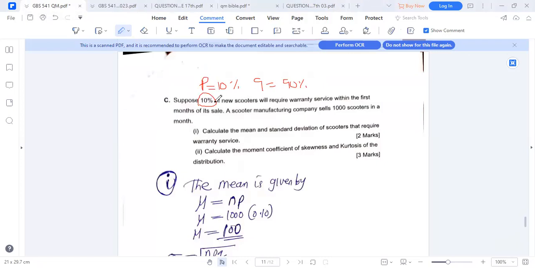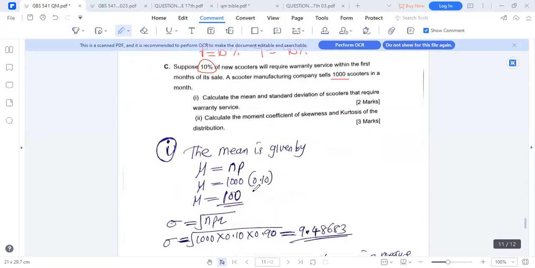If our p here was 40%, here there will be 60. 30%, 70. The relationship between p and q is that the two must add up to 100. So our p here is 0.10, and our n, the number of items, is 1,000. So 1,000 times 10% is 100.